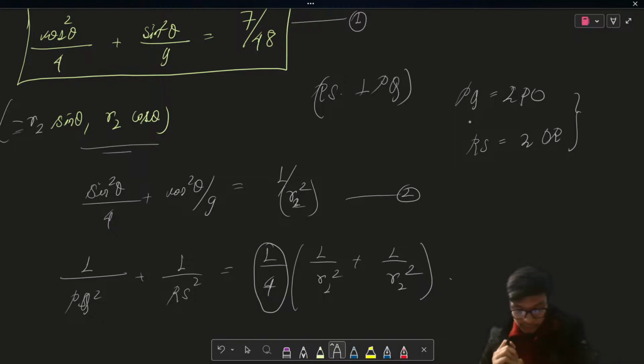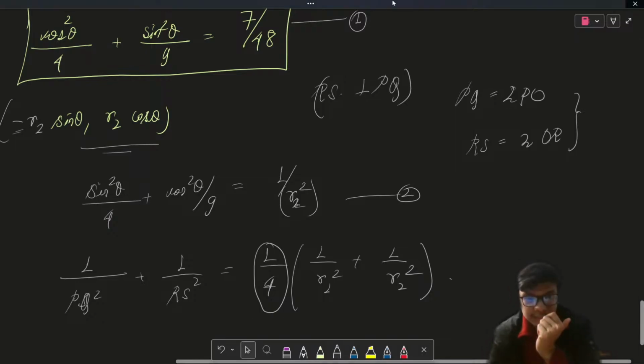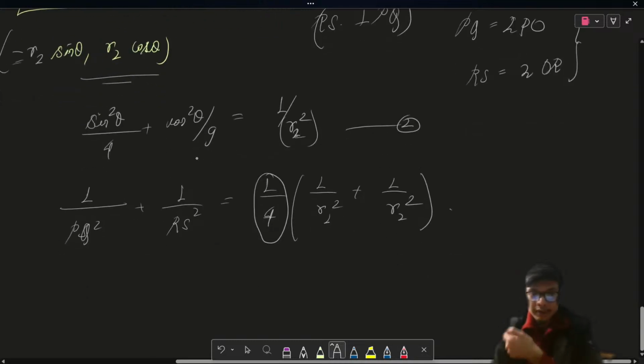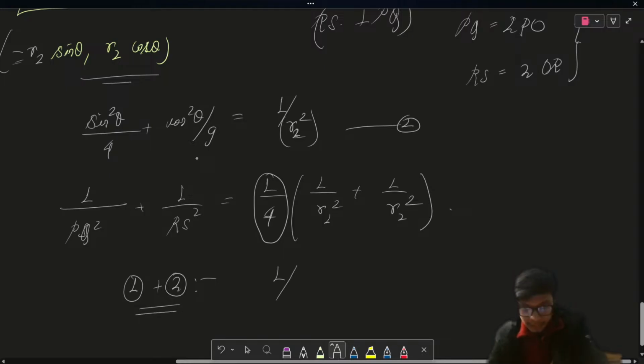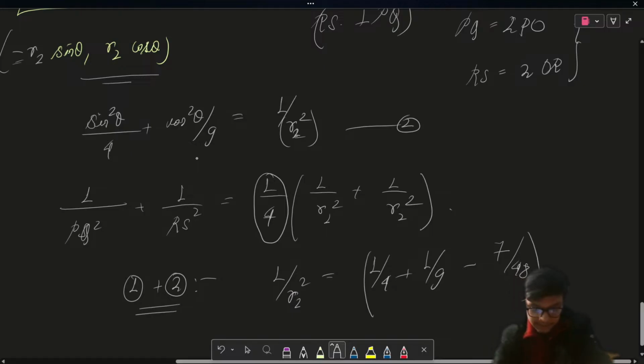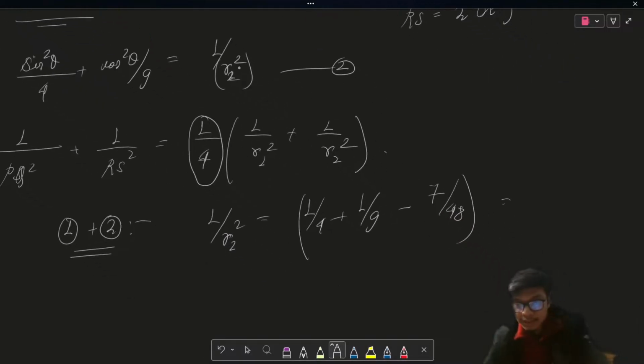From equation 1 and equation 2, if I just add them, I will get 1, right? So from 1 plus 2, I will get the relation that 1 by r2 whole square will turn out to be 1 upon 4 plus 1 upon 9 minus 7 by 48, and this will turn out to be 31 upon 144.